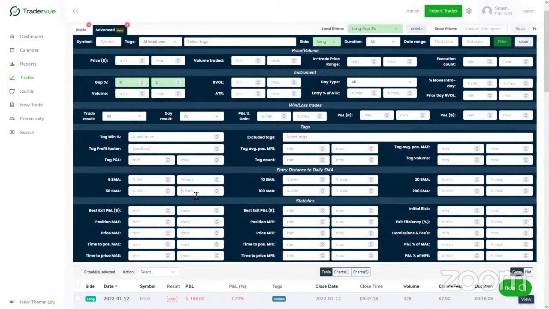To trade that, they need to first identify what a parabolic move is. So they start playing around here with, even if they don't have SMAs or simple moving averages in their charts, something that we find is that they're playing around with these filters to understand, okay, when it is extended, let's say from the 10 SMA in the daily chart, more than 20% or more than 30%. That for me means that the stock is going parabolic.